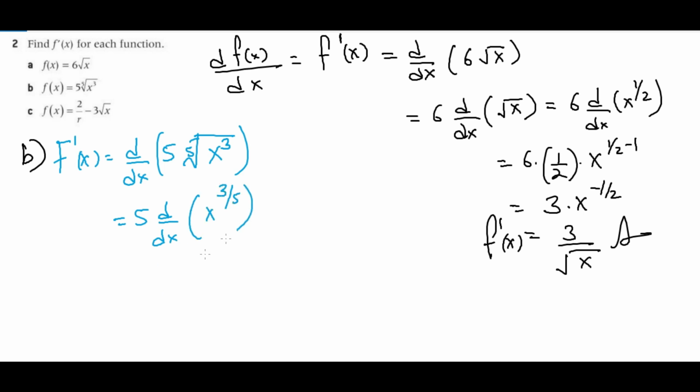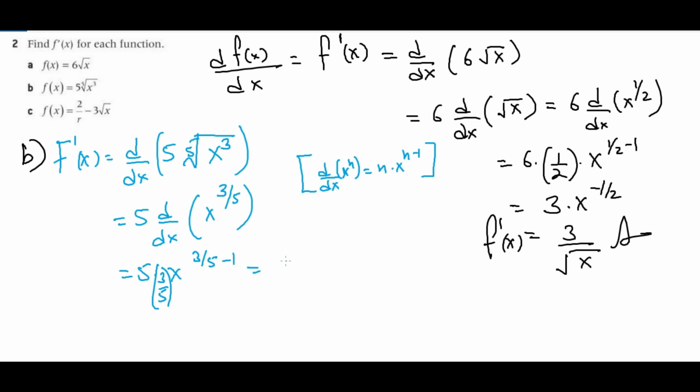When we apply the differentiation formula, which you might not be remembering, let's write it here: d by dx of x to the power of n is equal to n times x to the power n minus 1. So apply it here: 5 times x to the power 3 by 5, multiplied by 3 by 5 minus 1.